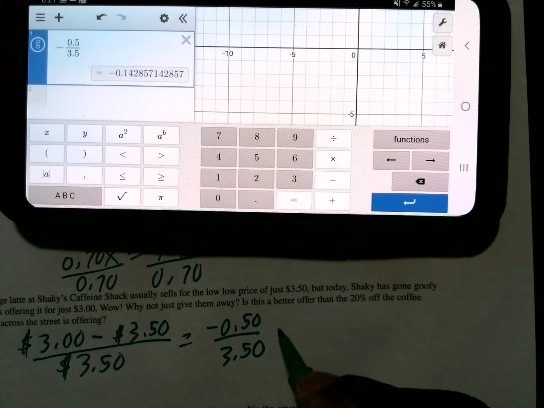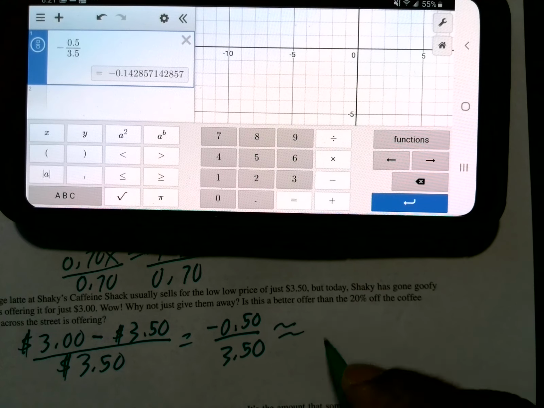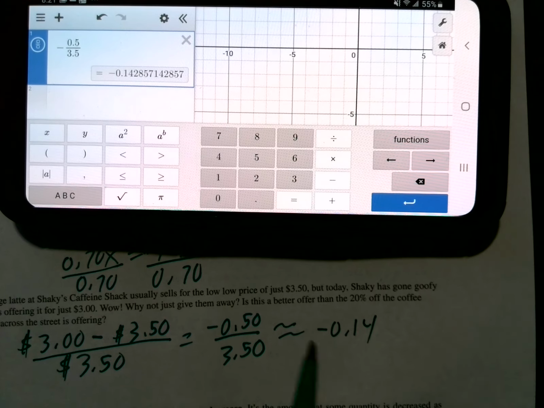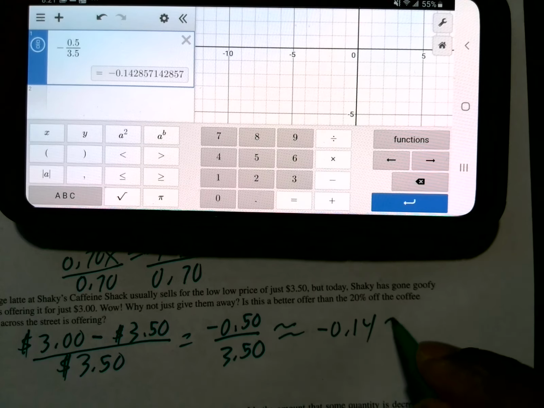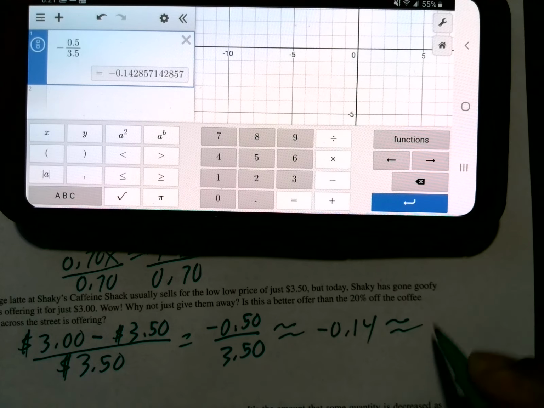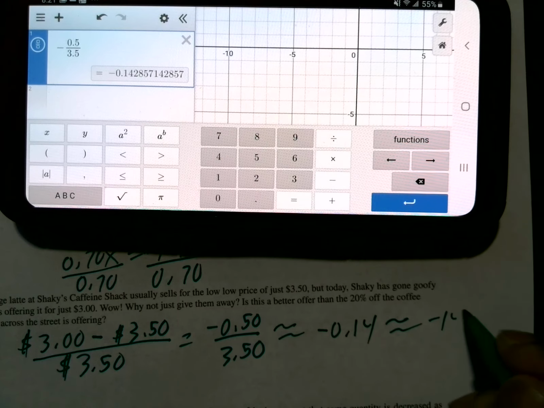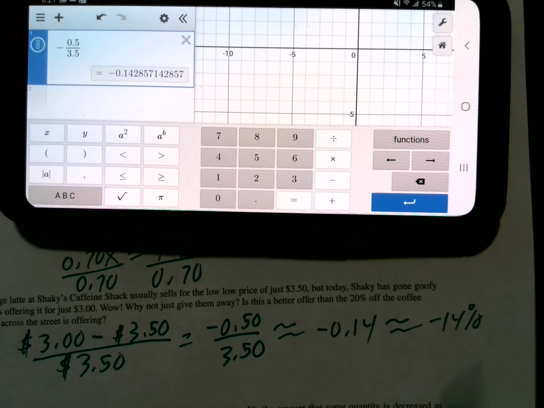So we'll just round this to maybe 2 decimal places. So it'll be a negative 0.14, which is approximately a negative 14%. Now, right now, I want you to disregard the negative sign, but if you look here, Shakey only gives you 14% off. So the 20% off at the coffee shop is better.